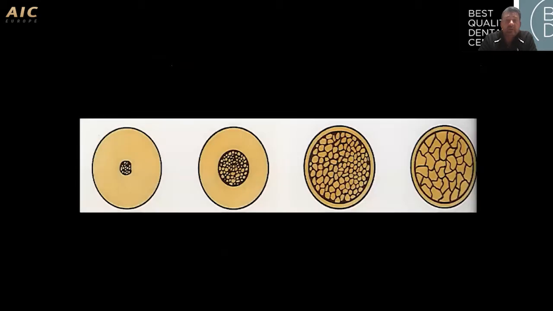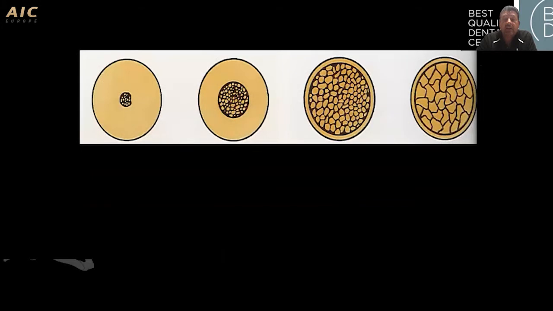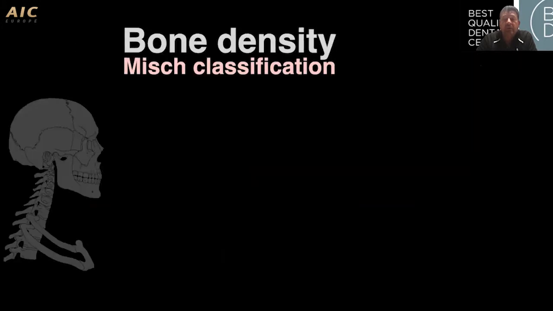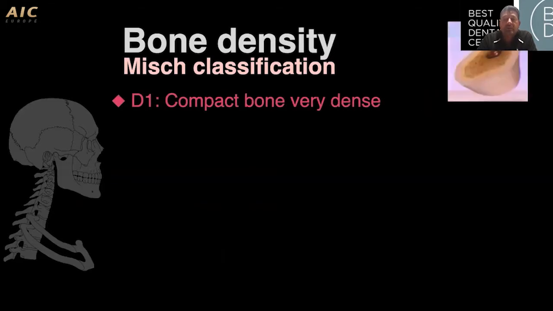So consider that this is the basic schematic that we know about the bone: D1, D2, D3, D4. Everybody knows that, but it's very important to keep this sketch in mind, because every time we are dealing with bone, dealing with implants, we have to know what kind of bone we are talking about.